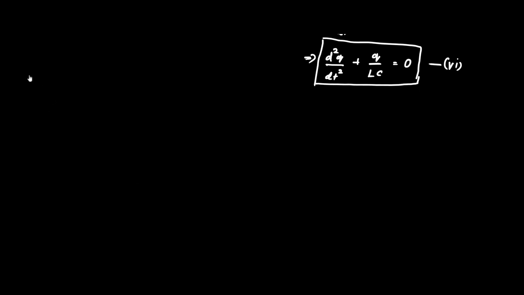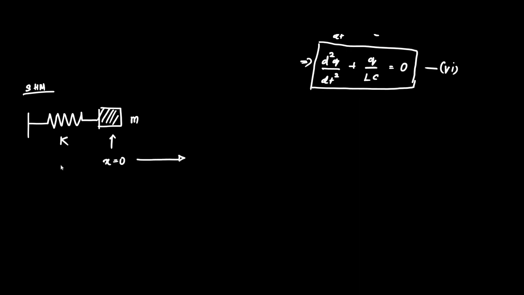So let us consider a spring mass arrangement, where a block of mass M is connected to a spring of spring constant K, and this is the equilibrium position equal to 0, and it moves to and fro from this equilibrium position, plus x to minus x, one extreme to the other.